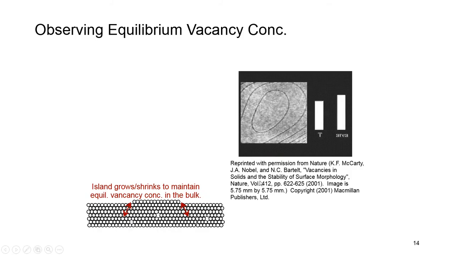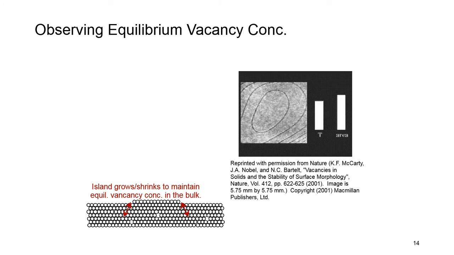This picture, this electron microscope view, is the 110 surface of nickel aluminium. Here it shows vacancy concentration. Of course, by increasing temperature, these islands of atoms on the surface will grow.